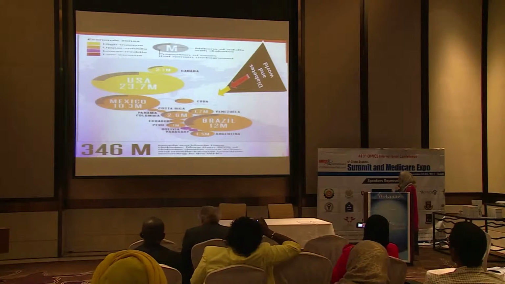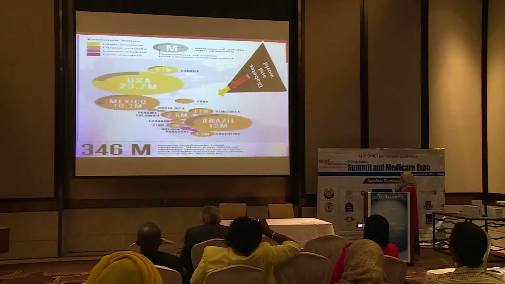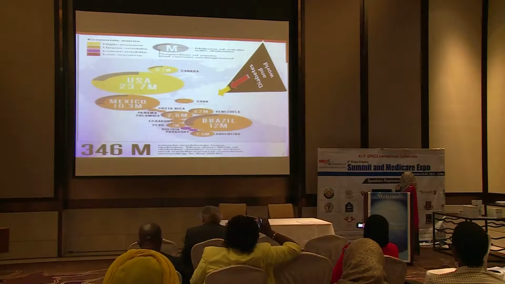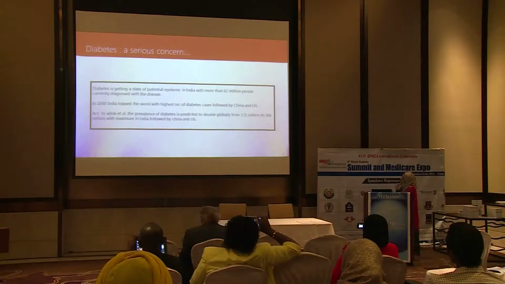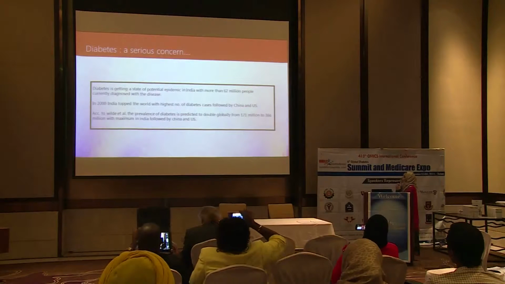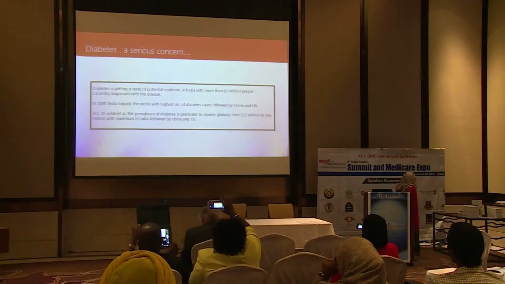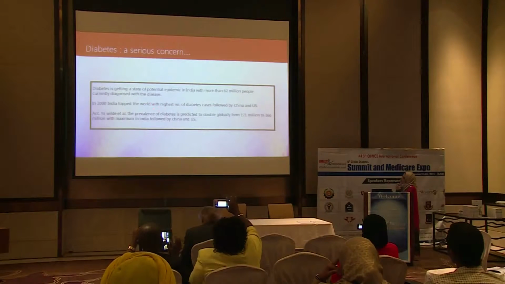Now, diabetes has a very high prevalence all over the world. Like in Canada, 2.7 million people are suffering from diabetes. USA, Mexico. So it is a very highly growing disease. It is a serious concern in India as well. It is a potential epidemic in India, with more than 62 million people currently diagnosed with the disease.